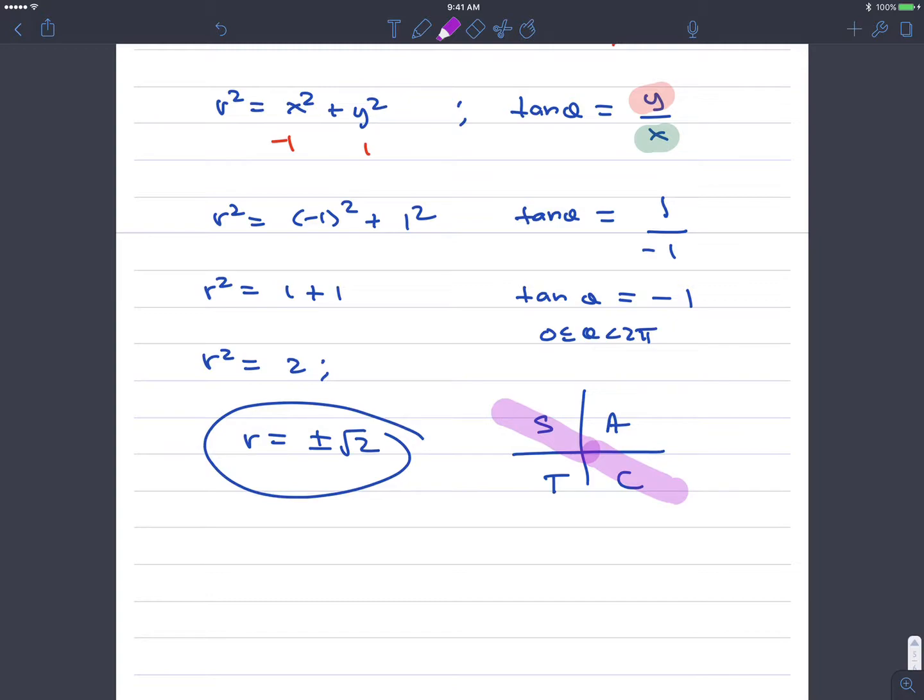Are there two quadrants? Did you guys do the homework? Tangent theta is -1. Two quadrants here.